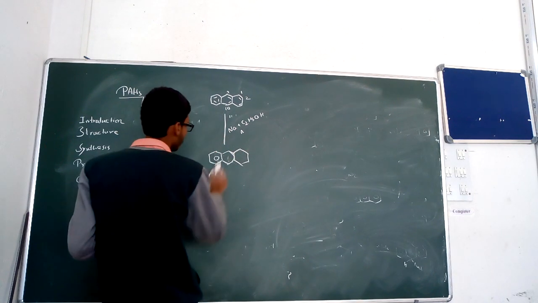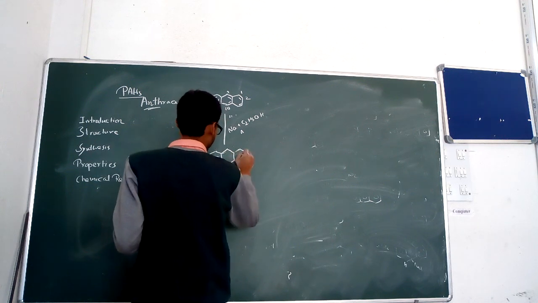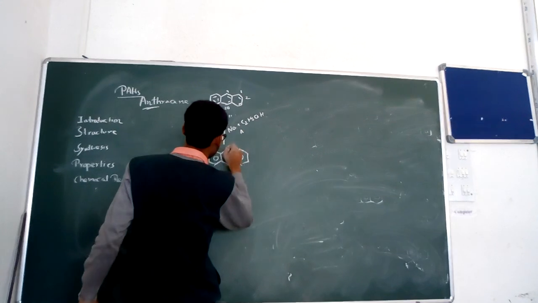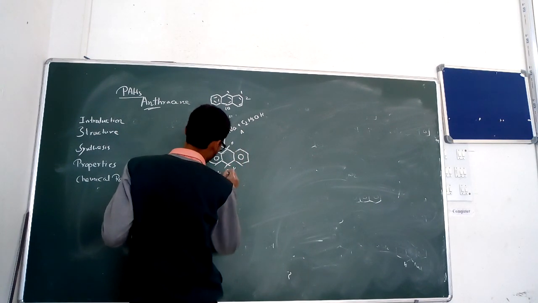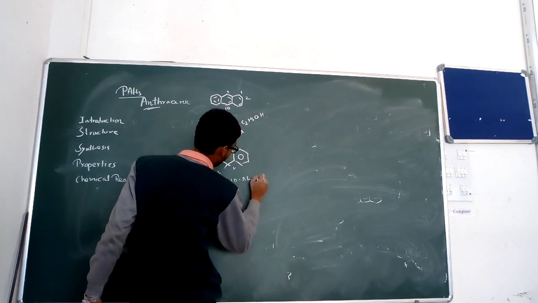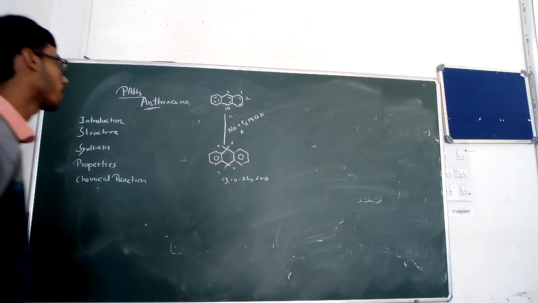It saturates the middle ring of the anthracene and forms 9,10 dihydroanthracene, where hydrogen is added at the 9,10 positions.